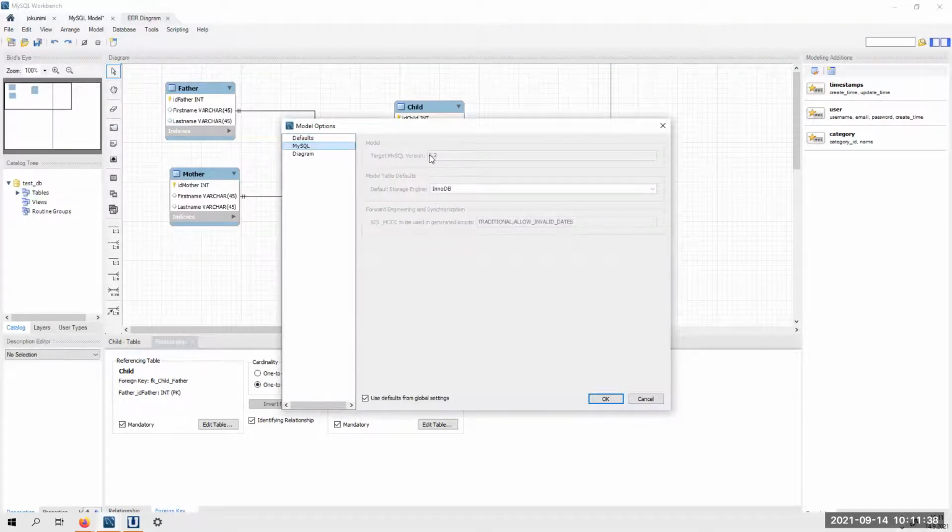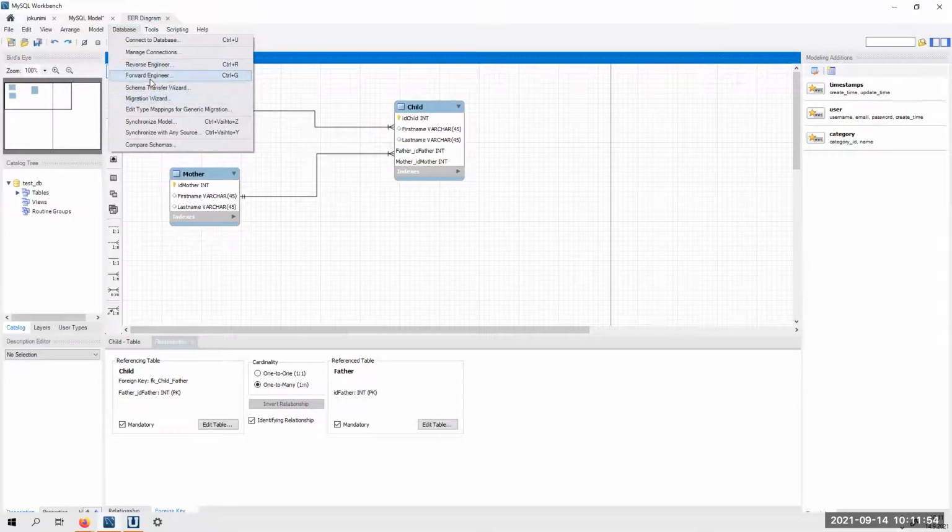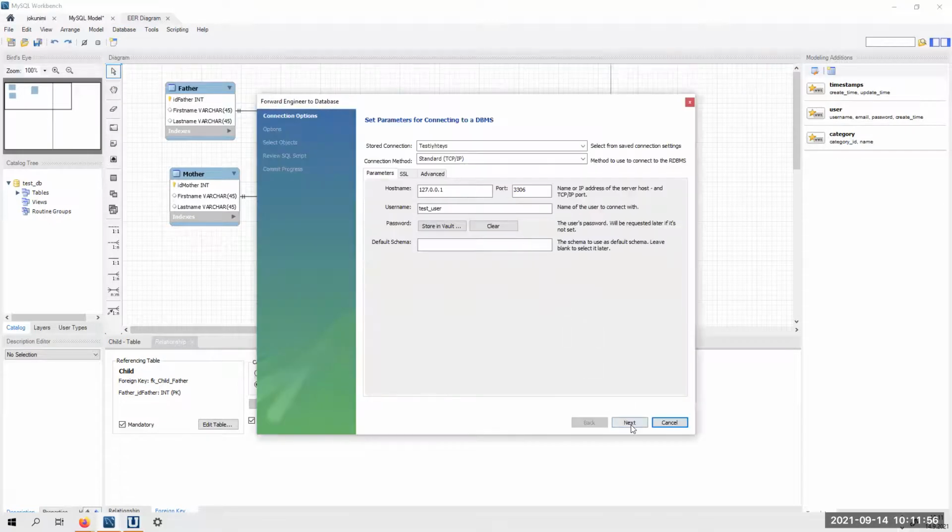So I don't know if this helps, but if my SQL version is wrong, then it can give those kind of.